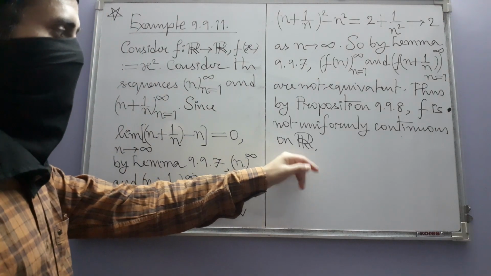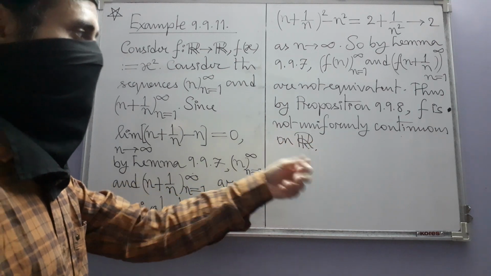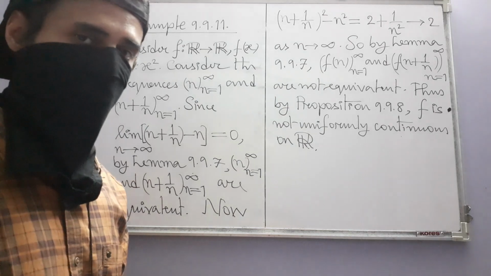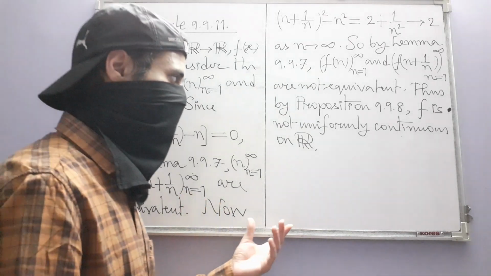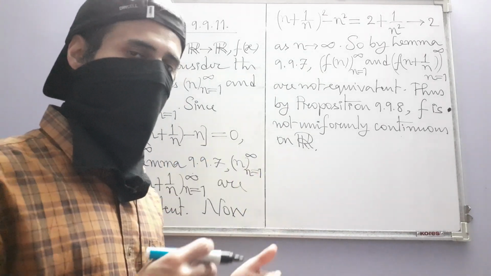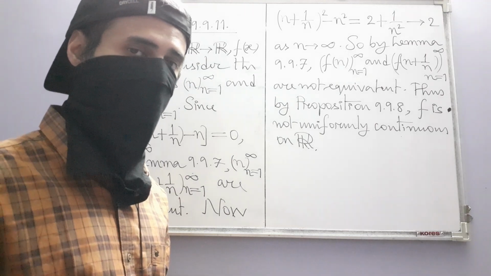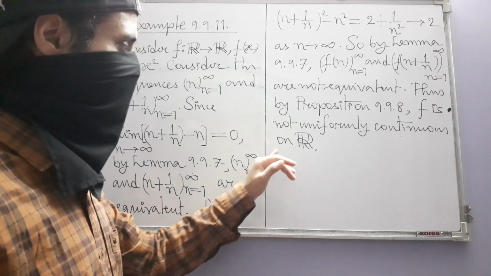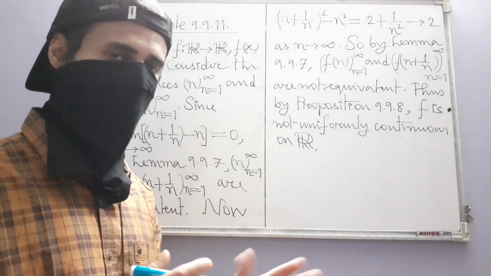If you wish, you may choose to not write this on R, on 0, 2. If only one function is involved and it is pretty clear what is the set on which we are verifying its uniform continuity or lack thereof, then this on that set part can be omitted.